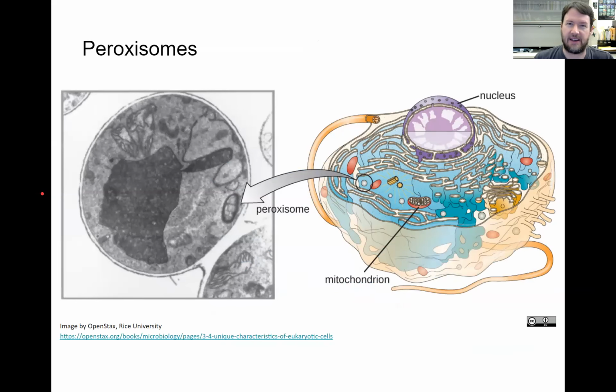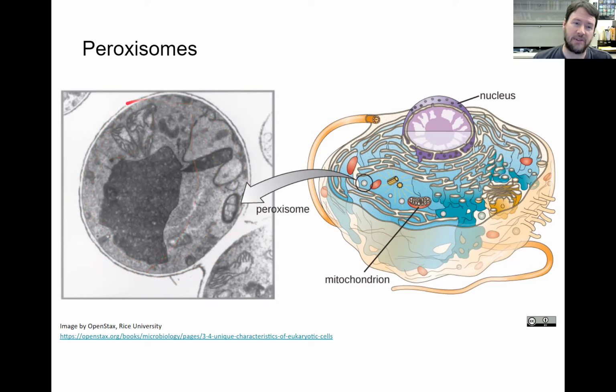All right. Some of the other cell structures, there are these organelles called peroxisomes, and these perform very specialized chemical reactions, in particular breakdown of fatty acids, which actually produces some really toxic byproducts.